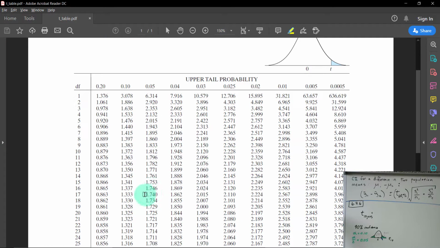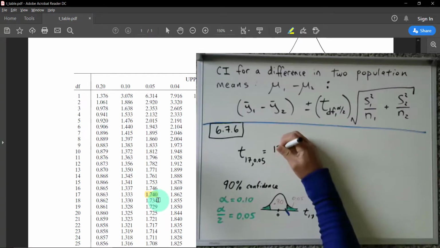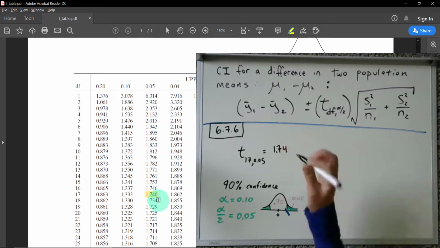Here we are. So that is the number that we're going to use to compute this confidence interval. That is the t critical value: 1.74.